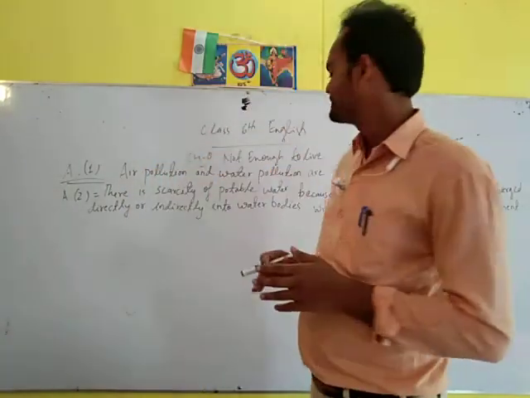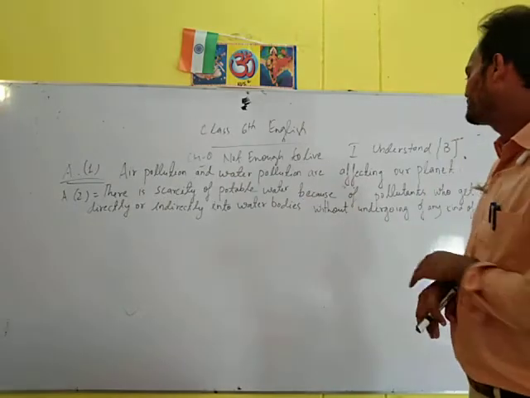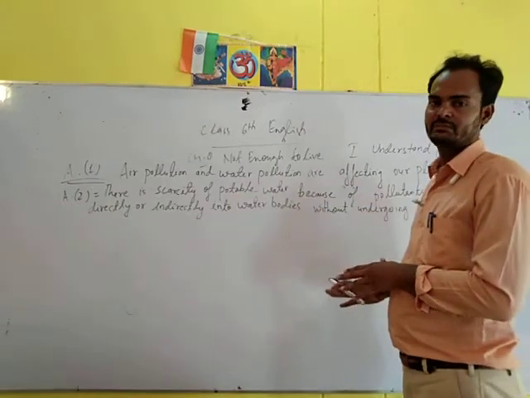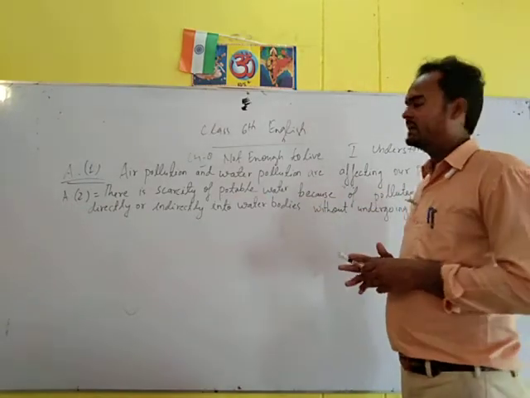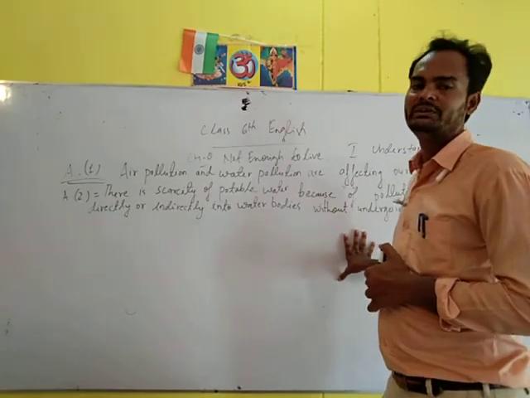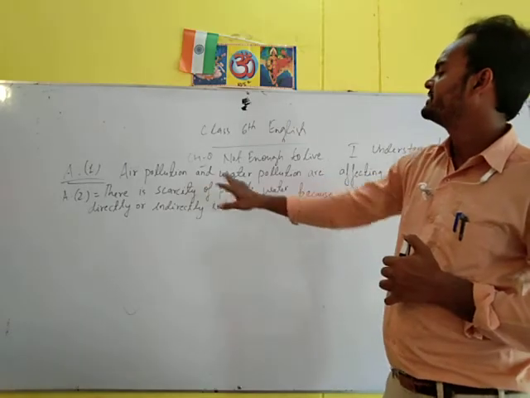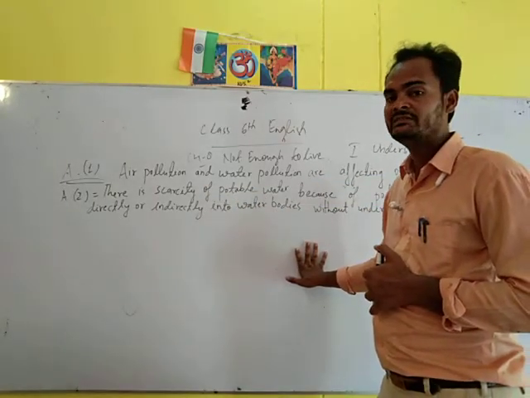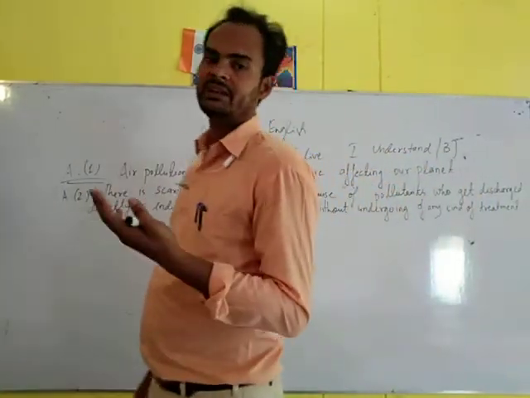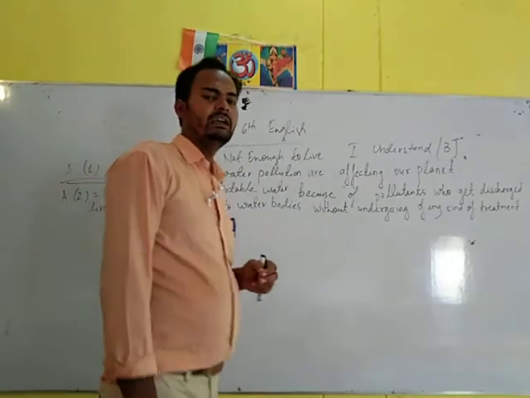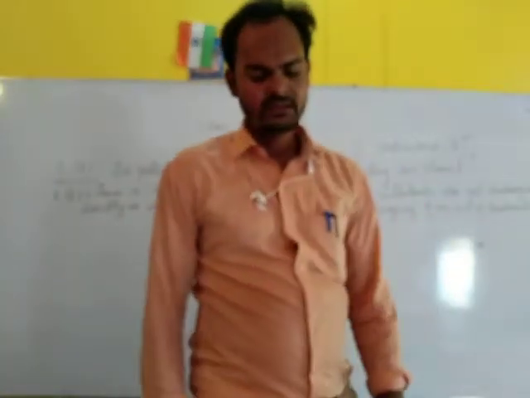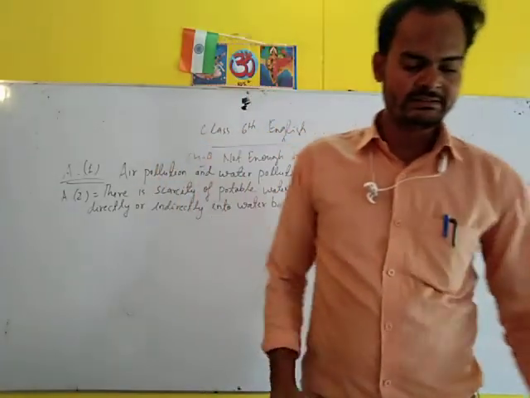So students, by that there is a scarcity of potable water, because total potable water or drinkable water is in water bodies of earth or in groundwater. If this groundwater or surface water gets polluted, there would surely be scarcity of potable water. These two phases of water, if they get polluted, then scarcity of water is sure.